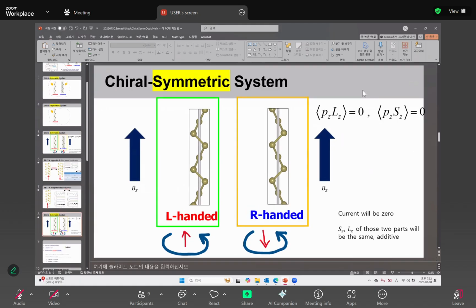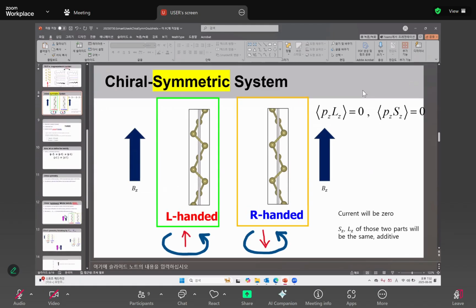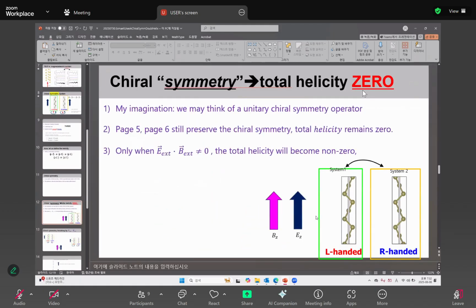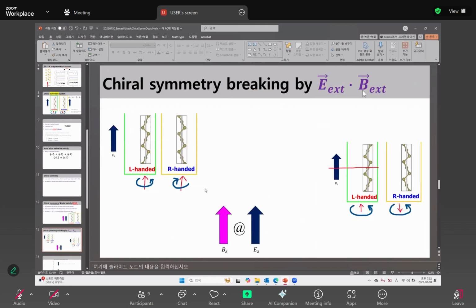But when you apply the electric field and magnetic field together, you sum this response and this response.